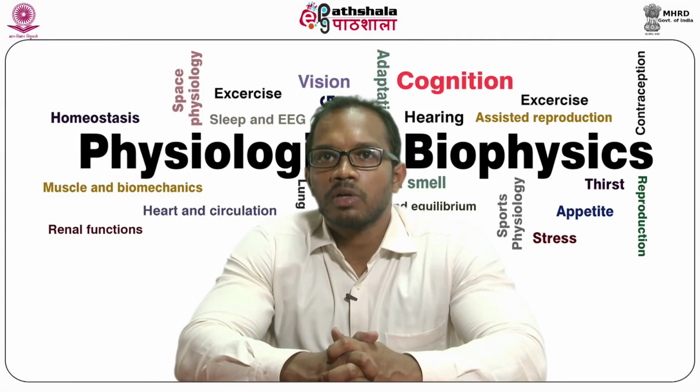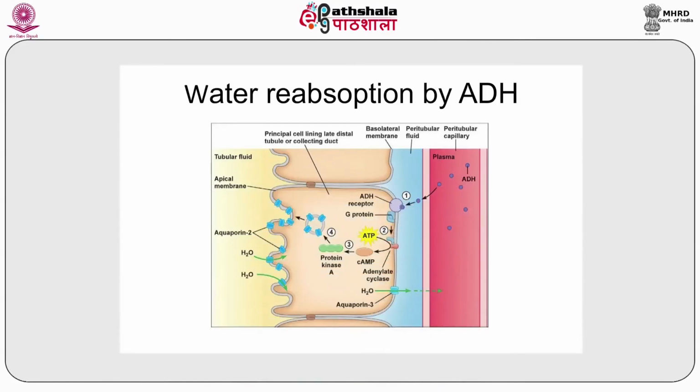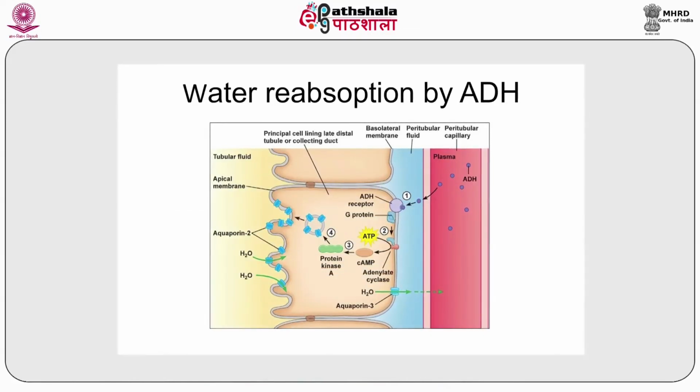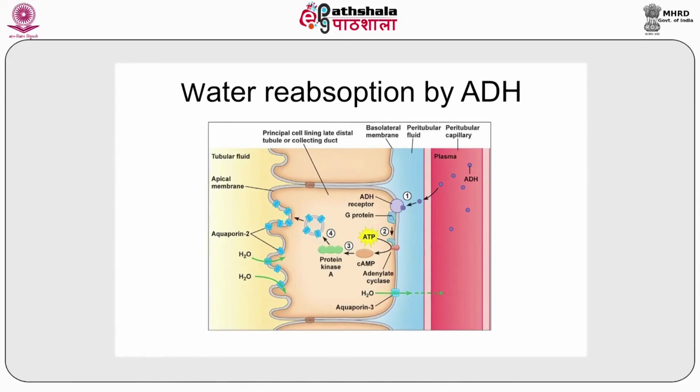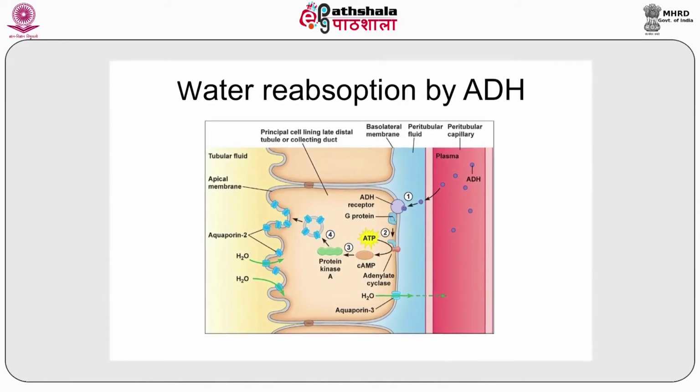Kidney is the most important mechanism by which it maintains osmolarity, through ADH, that is antidiuretic hormone. The mechanism of antidiuretic hormone, you can see when the ADH is released, it binds with the V2 receptor on the basolateral side of the tubule of the collecting duct and distal tubule.